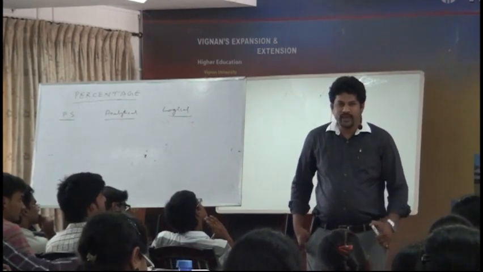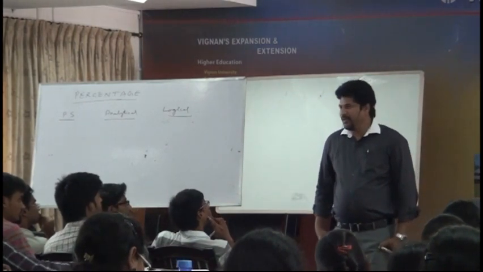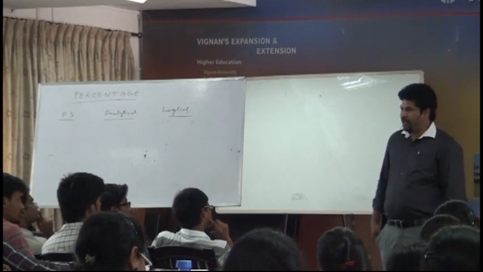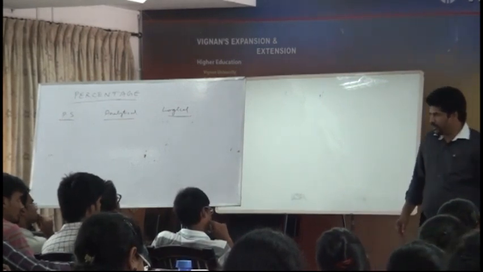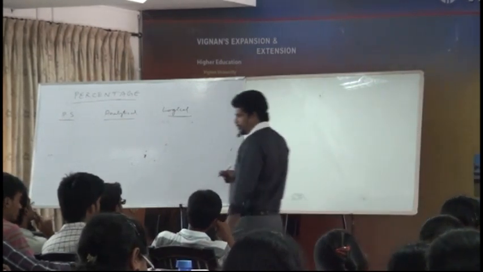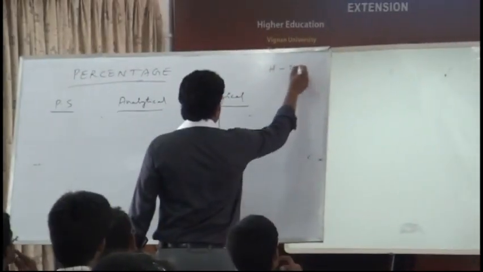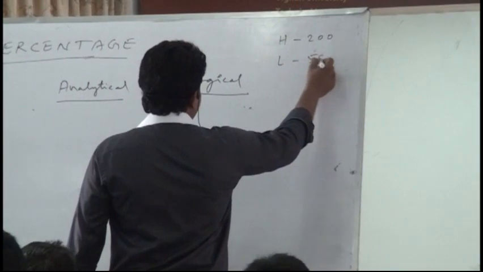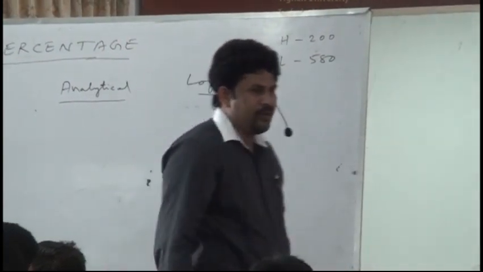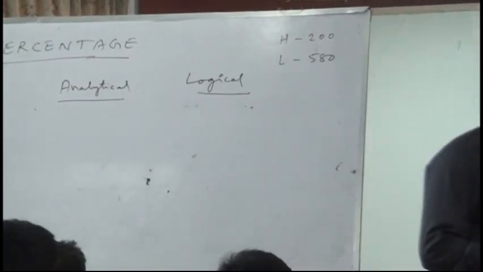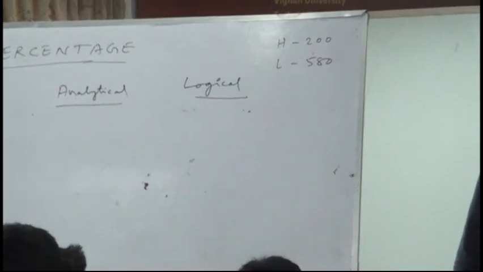If legs are counted, there are 580. Number of heads is 200. Legs are counted, there are 580. Now, tell me how many goats and how many hens he has.